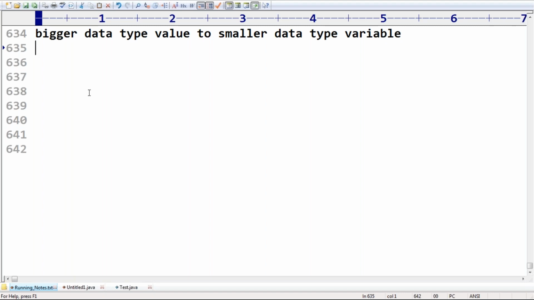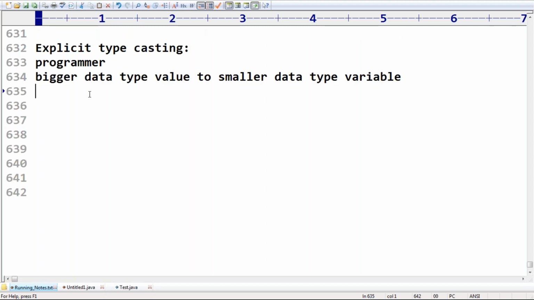Next, we are placing a bigger value in a small place. That's why it is also known as narrowing or downcasting, going from a higher to a lower type.